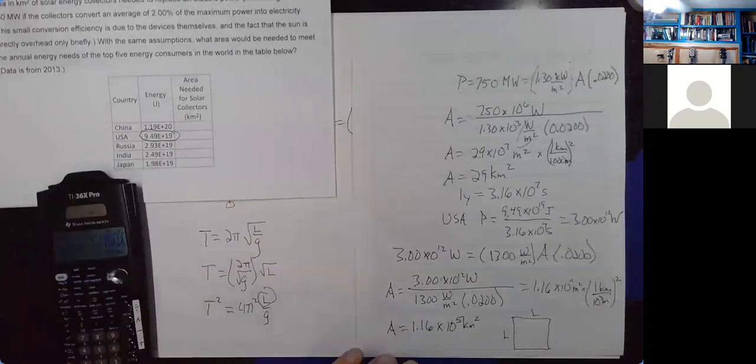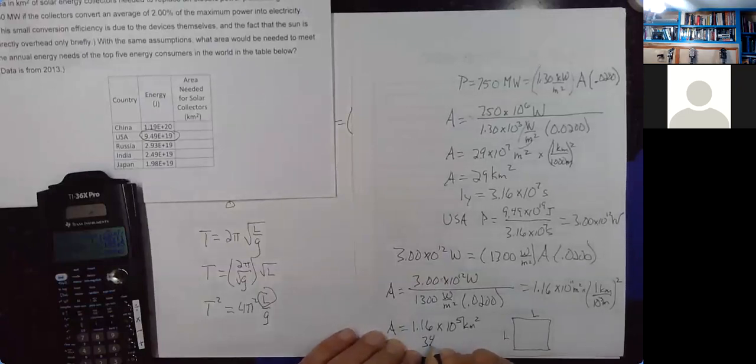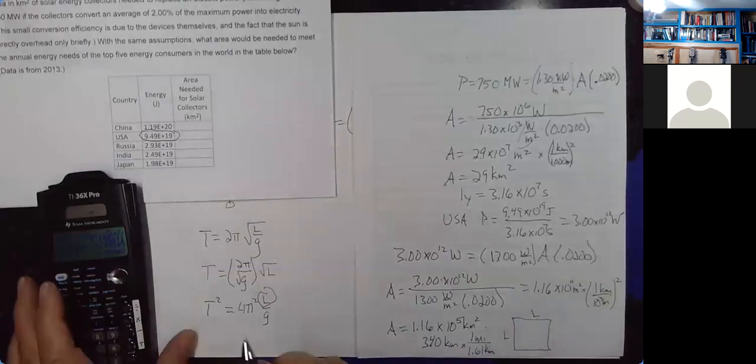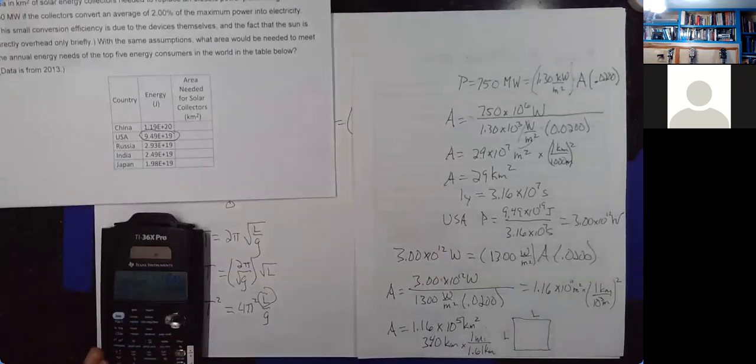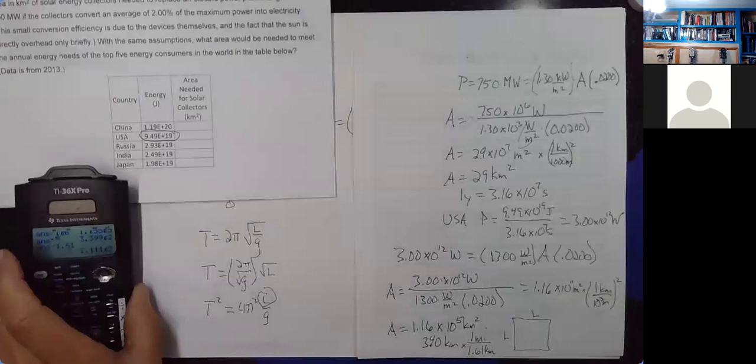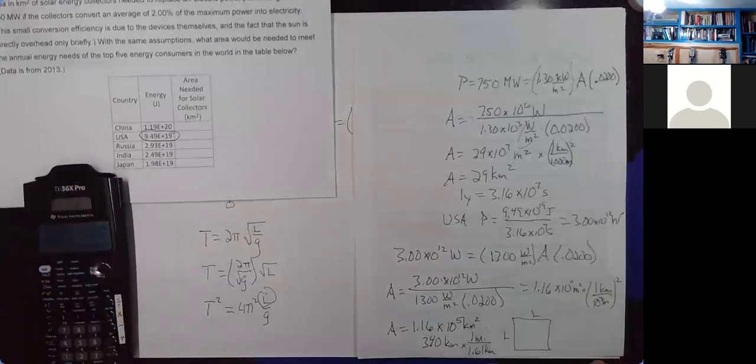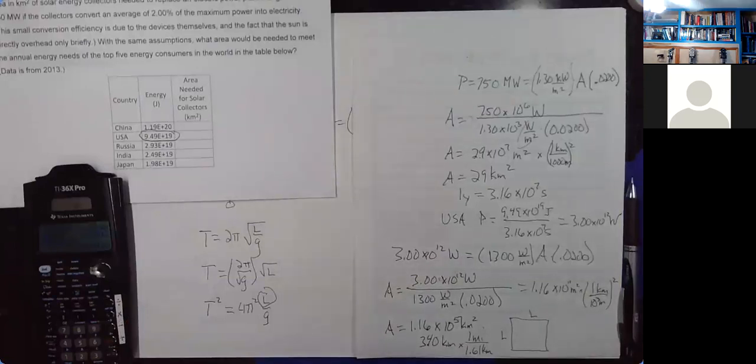And it would be 340 kilometers on a side, and that's good to 3 sig figs. And if I multiply that by 1 mile over 1.61 kilometers, it'd be a square of land 211 miles on a side, which is a pretty big chunk of land.